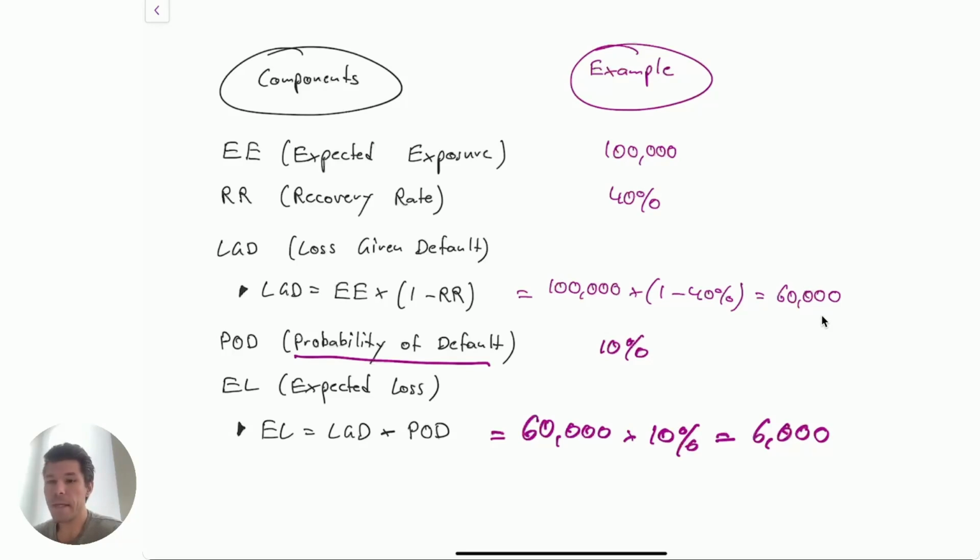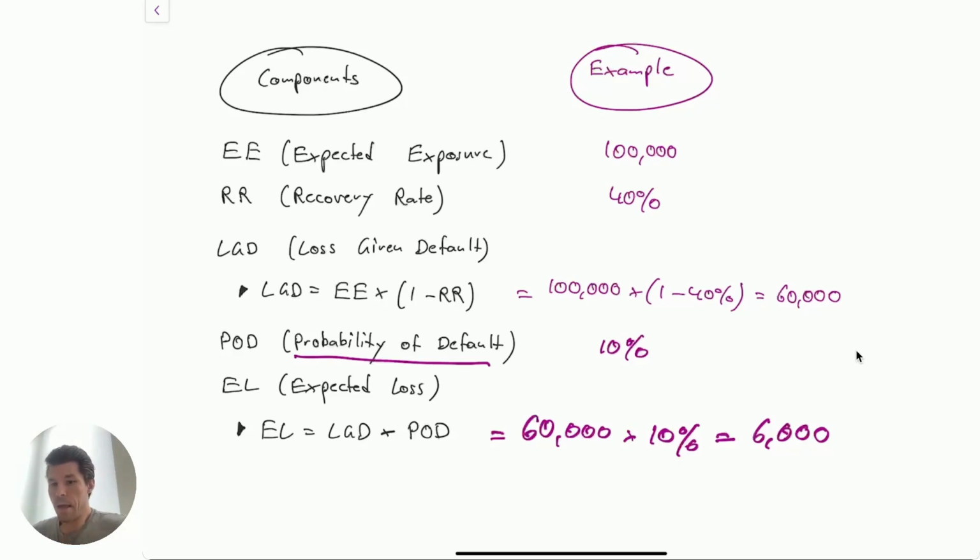So expected exposure is the total exposure to default risk, recovery rate is the percentage of the loan expected to be recovered, loss given default is the amount lost if default occurs, probability of default is the likelihood of the borrower defaulting, and then expected loss is the probability weighted expected loss.